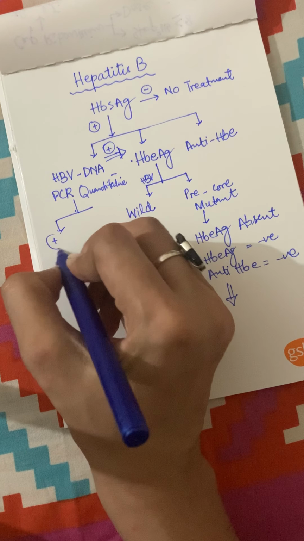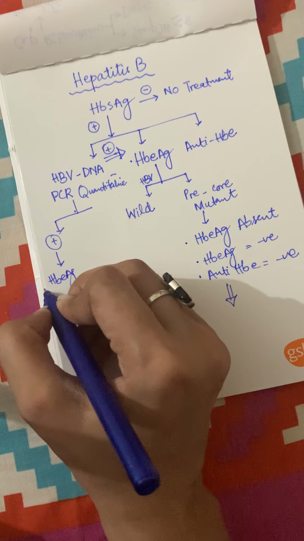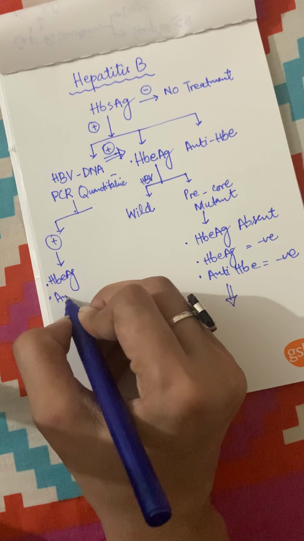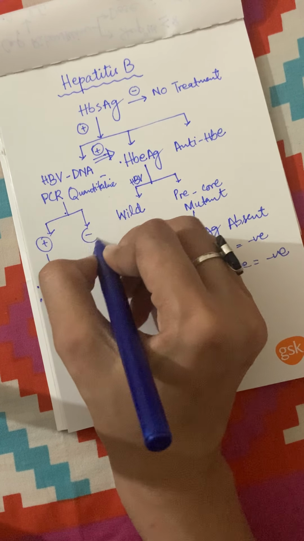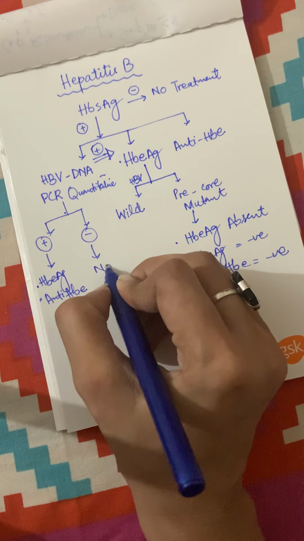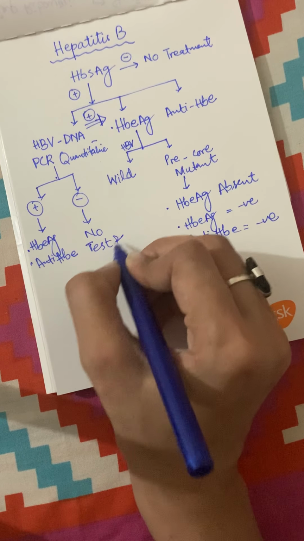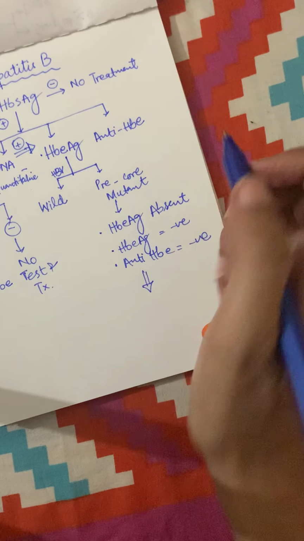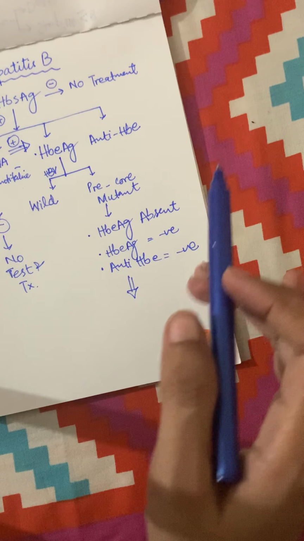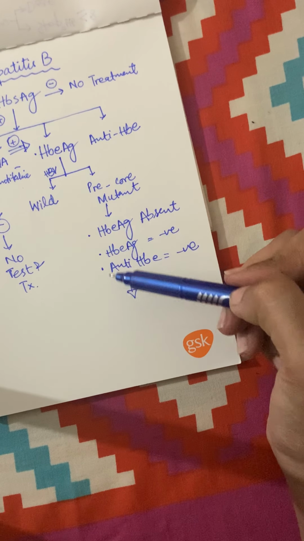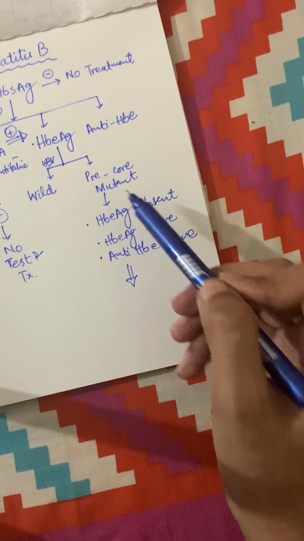If it becomes positive, then we perform hepatitis B E antigen and anti-HBE antibodies. If it becomes negative, then no need of further tests and treatment. And if E antigen and antibodies both are absent, then it is pre-core mutant type.